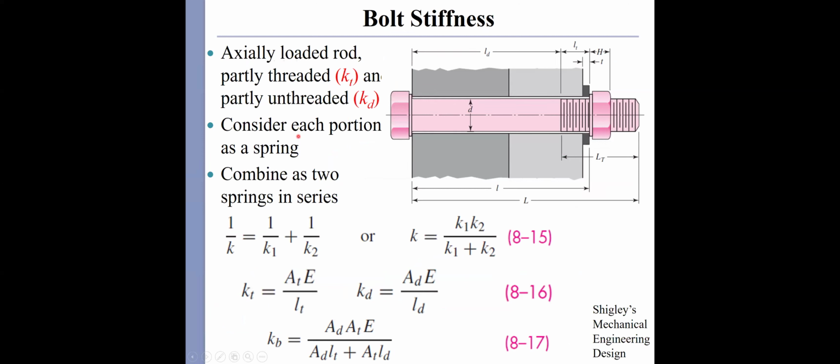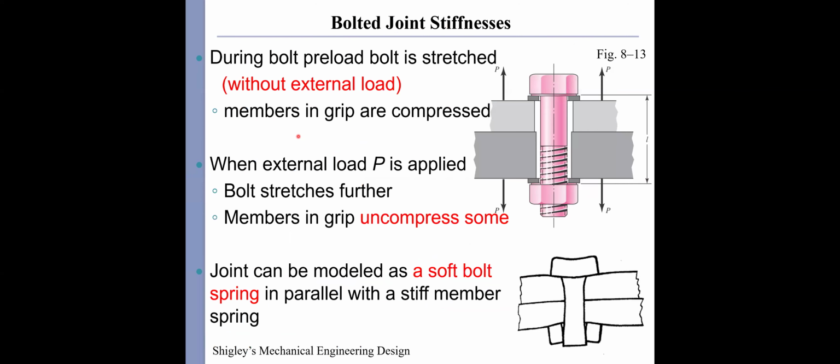I think the course will stop right here. Next, I'm going to introduce more details of the stiffness of each member, bolt, and nut. In this final part of the section, I just introduced the concept: we can regard those components, bolts, nuts, and members, as springs, each with their own stiffness. So I think today's course will stop here.